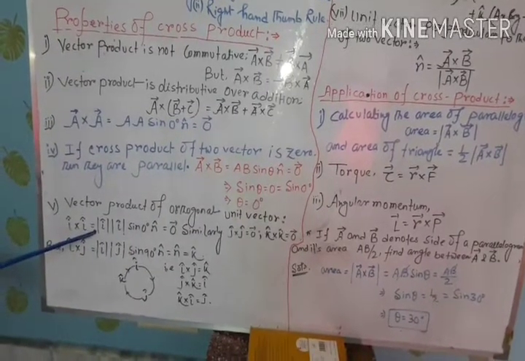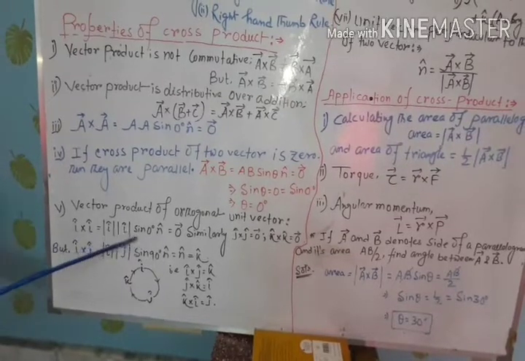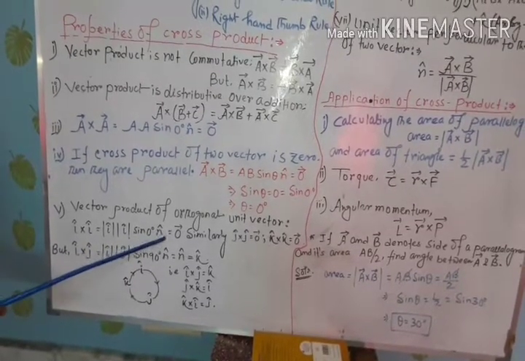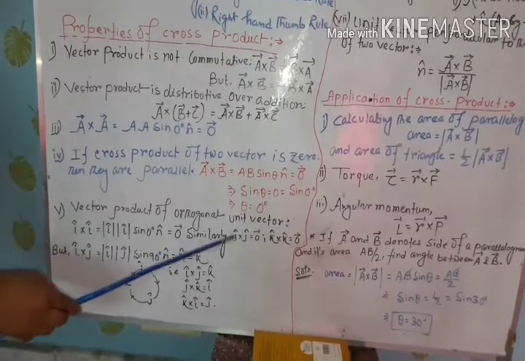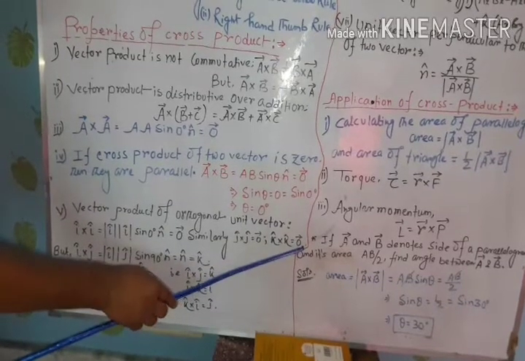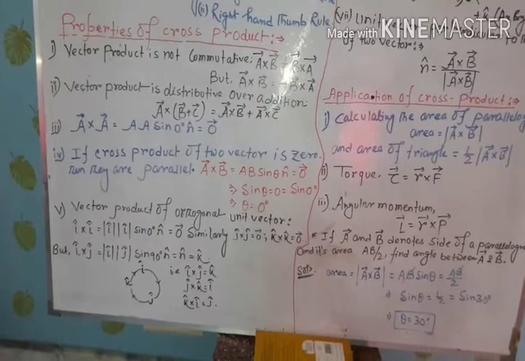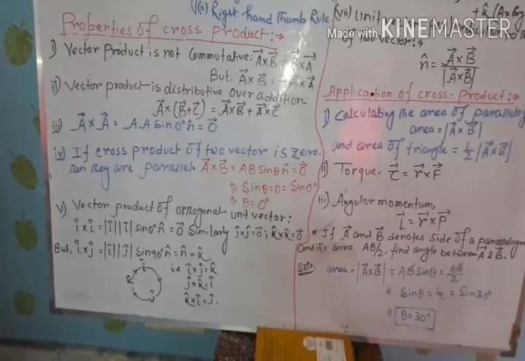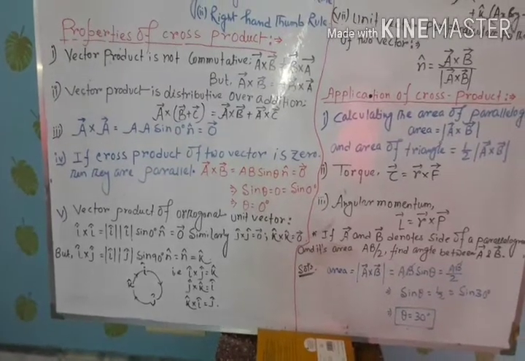According to the definition, mod i cap mod i cap, the angle between them is 0 degree, so sin 0 degree n cap. Sin 0 is 0, so it is 0. Similarly, j cross j is 0, k cross k is also 0. It means whenever we perform the cross product of the same orthogonal unit vector, it gives 0.